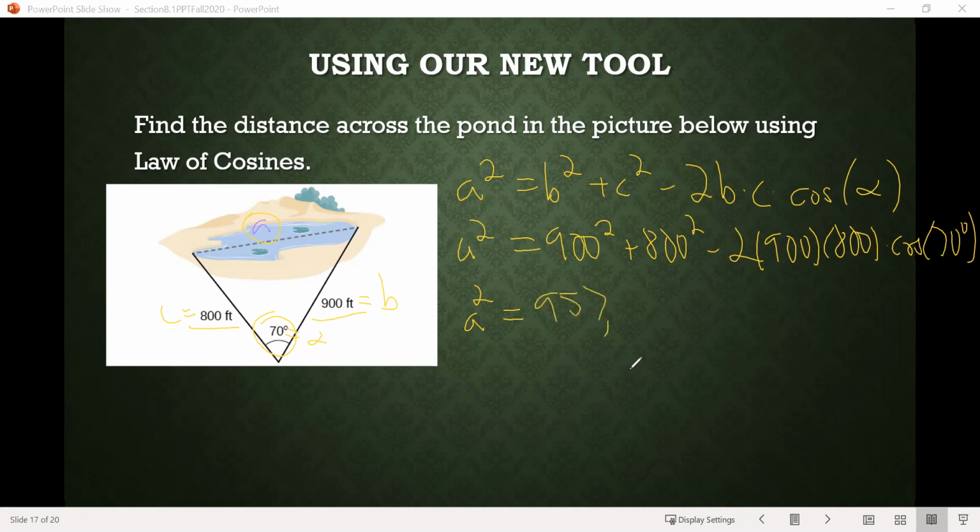I think I get 957,490.994. We can solve for A by taking the square root on each side. And when we do that, I believe we end up with A equals 978.515. And of course, we're talking about feet here.